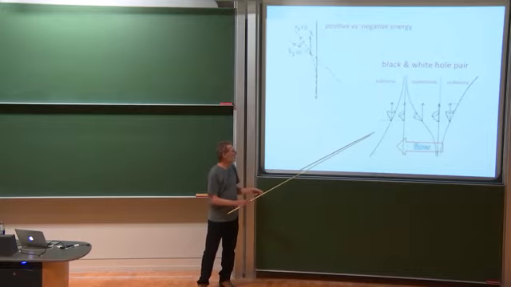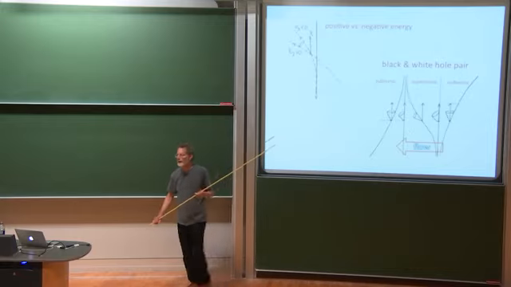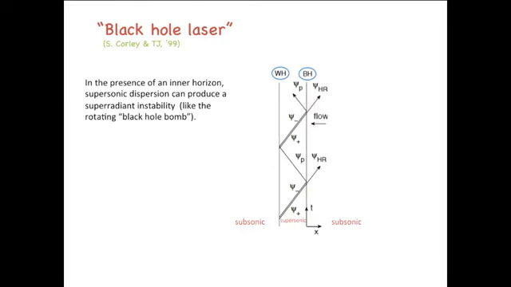And that means that there's a superradiant instability that can happen here, which Steve Corley and I called the black hole laser. Basically, it's very similar to the superradiant instability that was mentioned earlier about light mass scalar fields around rotating black holes.